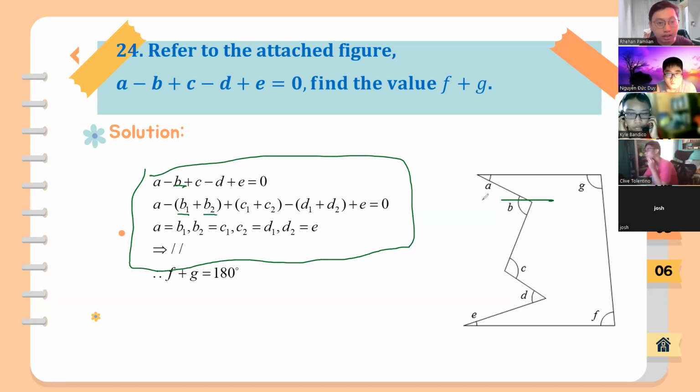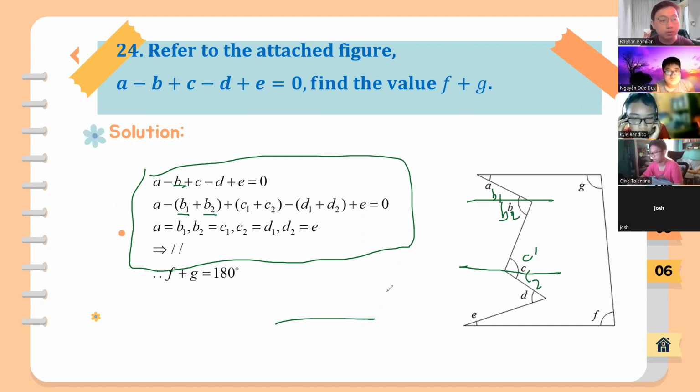Because it's assuming that this is B1 and this one is B2. When you have two angles like this, this one and this one will always be equal. That's the beauty of having this kind of theorem. This is an absolute theorem in geometry.